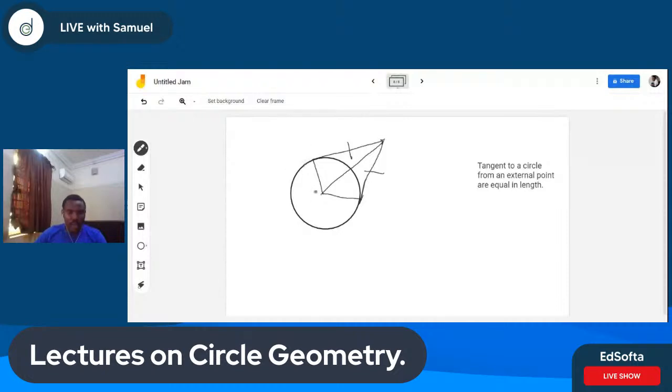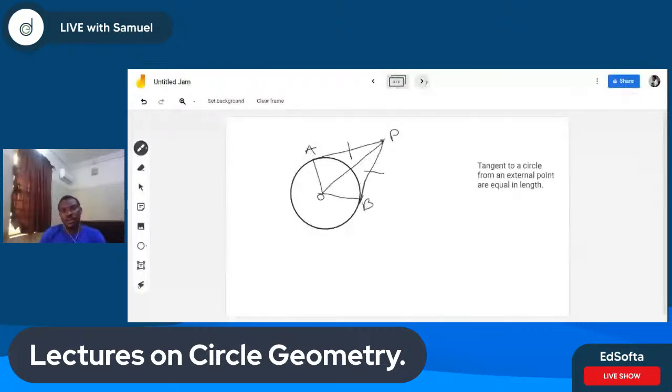We call this A, this place B. A tangent to a circle from an external point goes to this place, and this is equal. So that's the eighth theorem of circles.